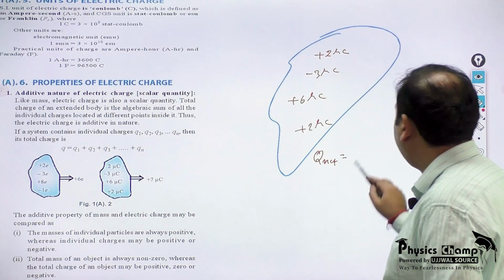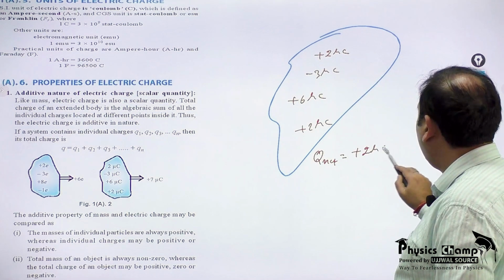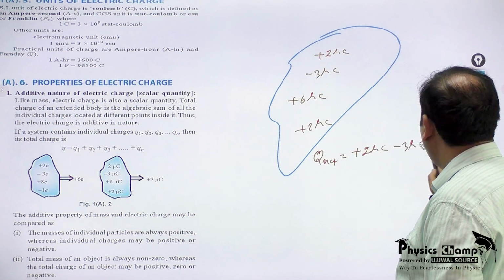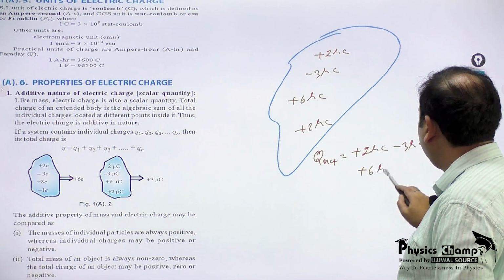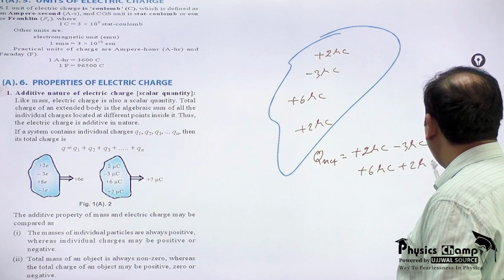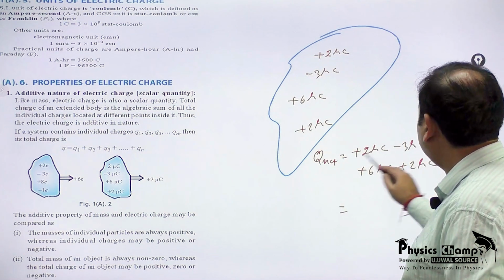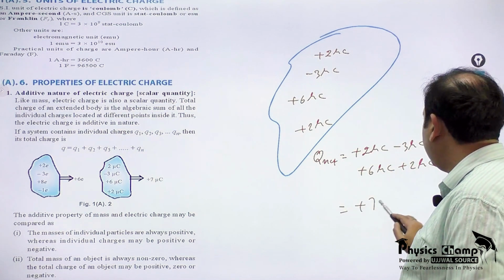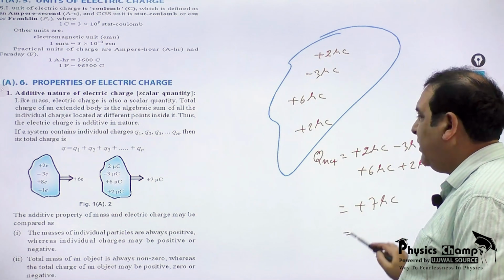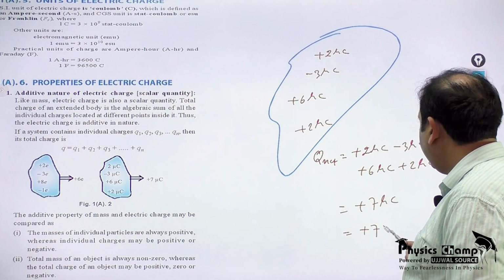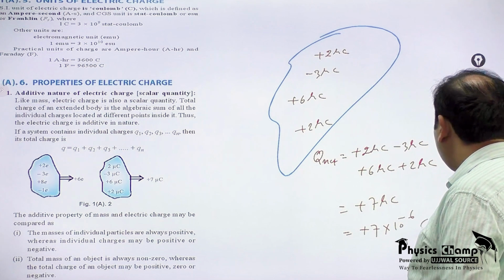So the net charge will be plus 2 microcoulomb, minus 3 microcoulomb, plus 6 microcoulomb, plus 2 microcoulomb. So this is 10 minus 3, that is plus 7 microcoulomb. And when I say plus 7 microcoulomb, it is 7 into 10 to the power minus 6 coulomb.